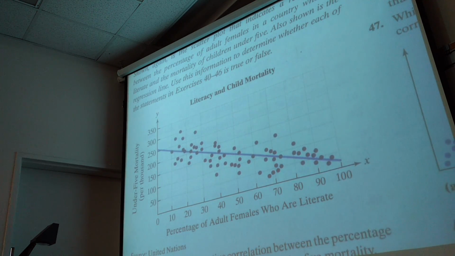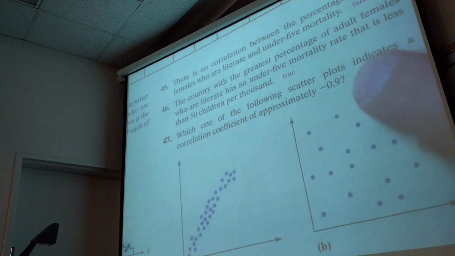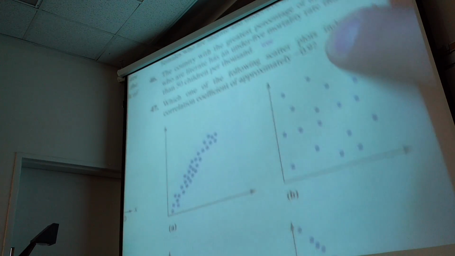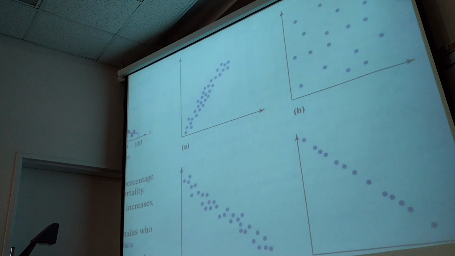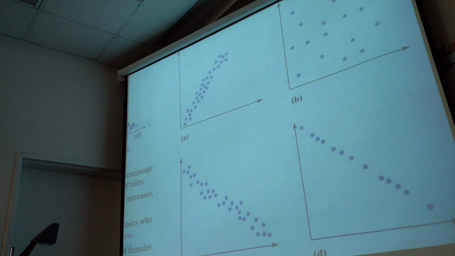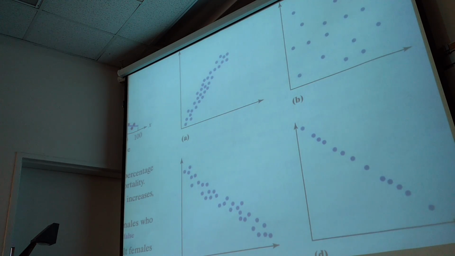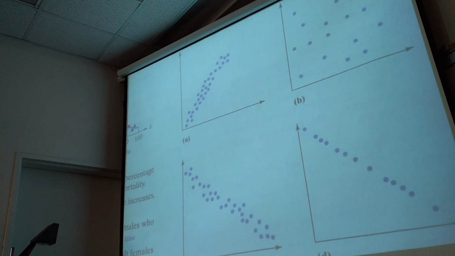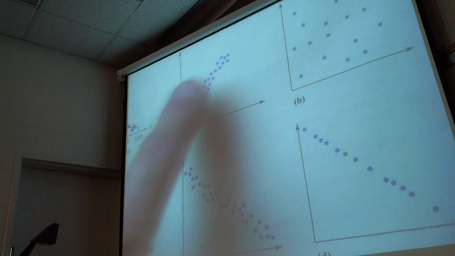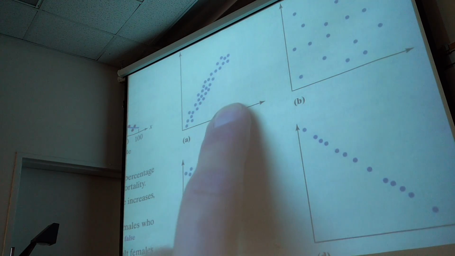And then finally, which one of these pictures would you say is negative 0.9 R value? Which ones can you immediately throw out as being negative 0.9? Well, this one is positive.